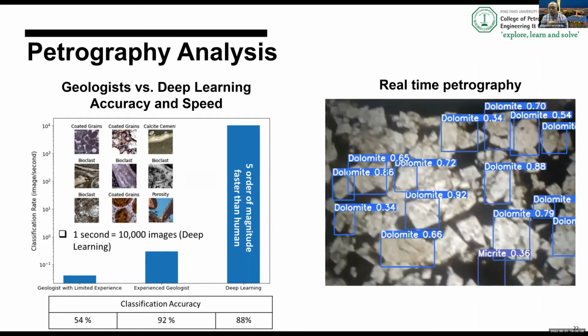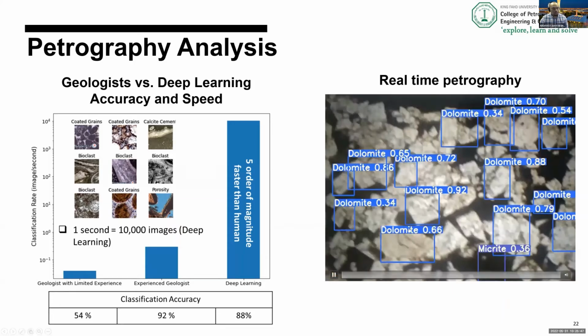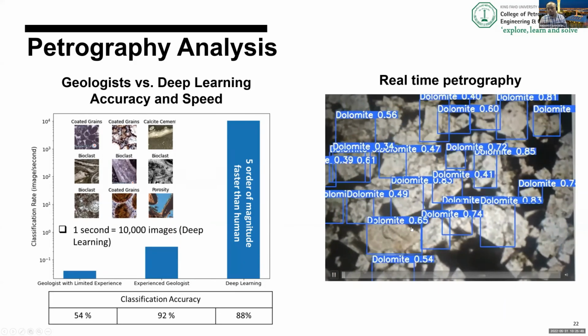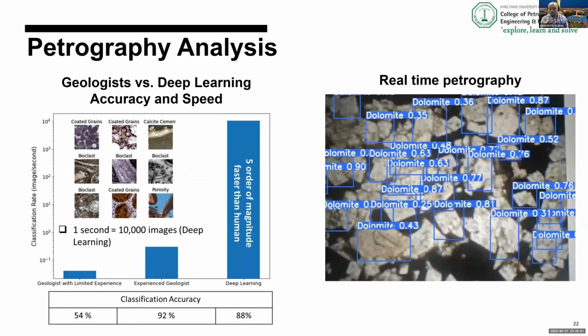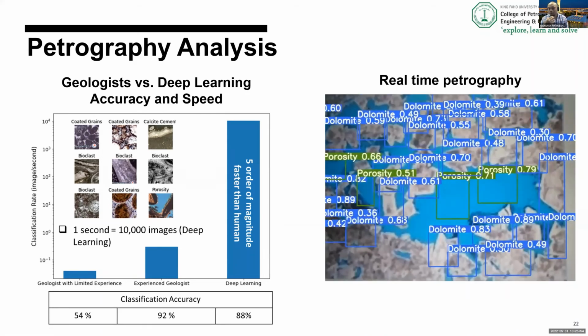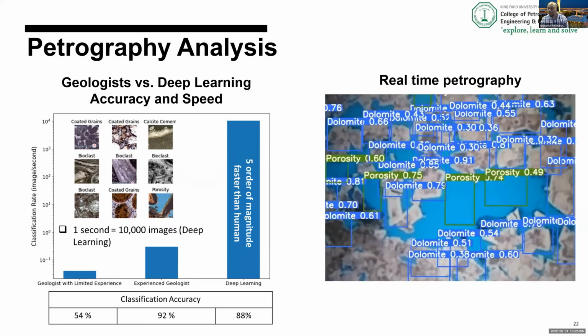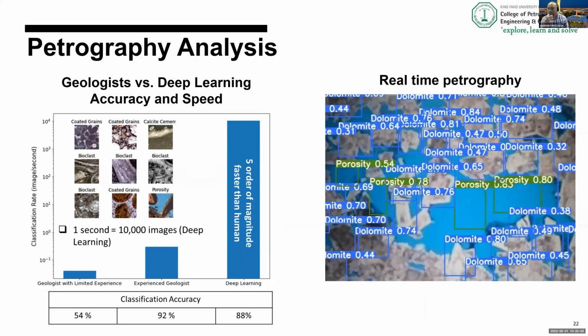And besides that, we realized that it's actually not really applicable. As a geologist, you don't really see these objects individually, right? Instead we see them simultaneously, and this is why we try to apply object detection in real-time petrography. Here, for example, you can see we apply this technology, and just imagine if we can put it into your microscope camera, right?